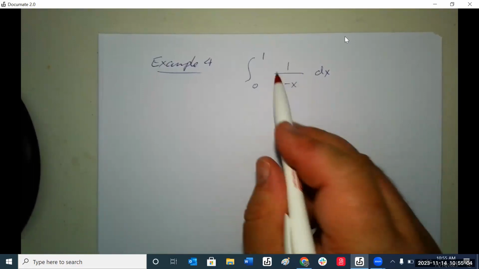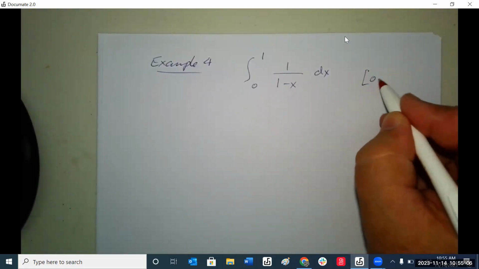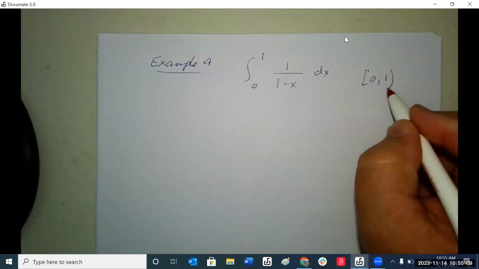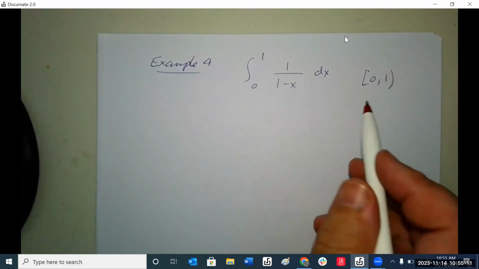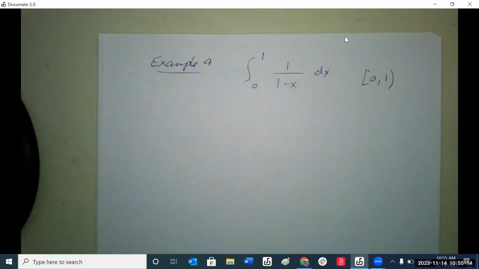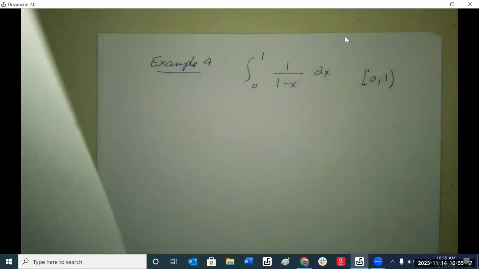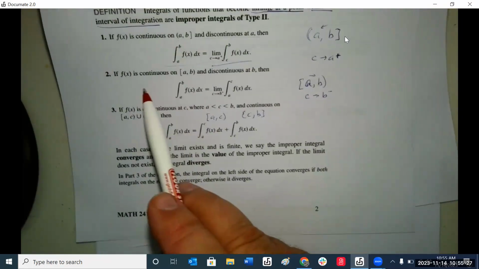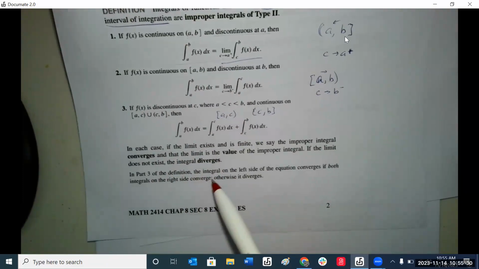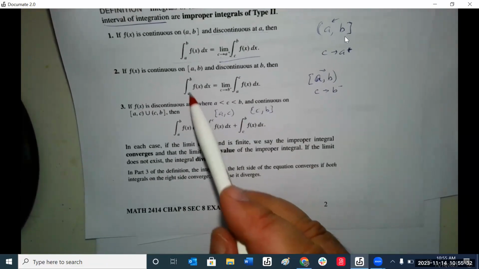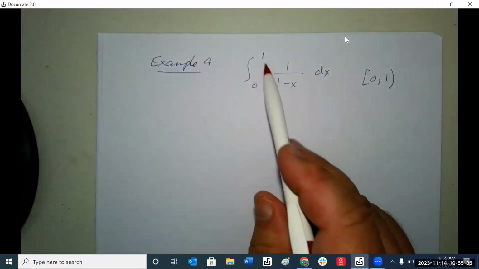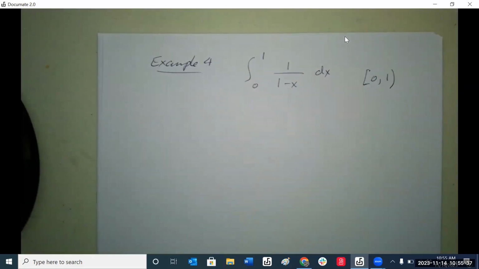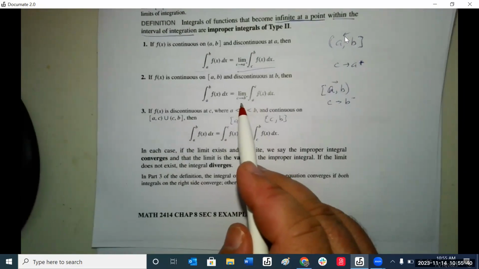This is continuous on 0, and it can't go to 1. So we're looking at type 2, and it's discontinuous at the endpoint, so we'll have to use this formula.